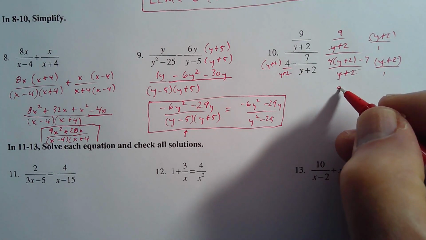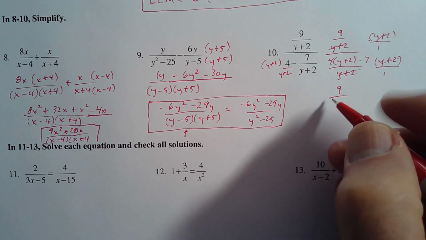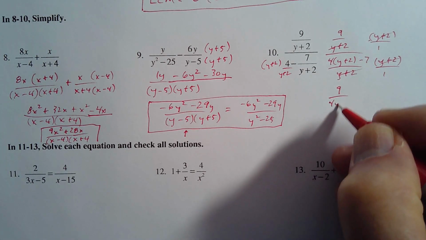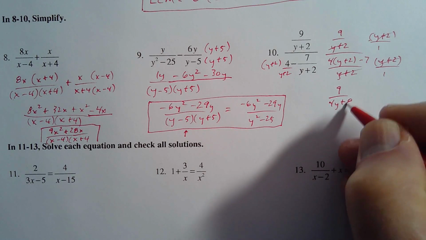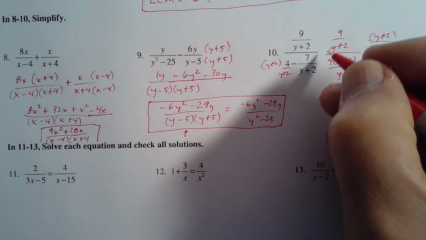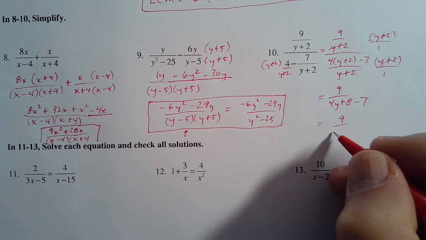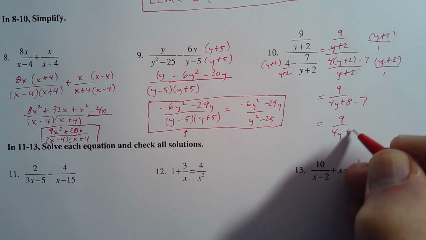I get a 9 on the top, and then I have to distribute and combine like terms here. So I get what here? 4y plus an 8 minus a 7. And then that can be put together to give us the final answer of 4y plus a 1.